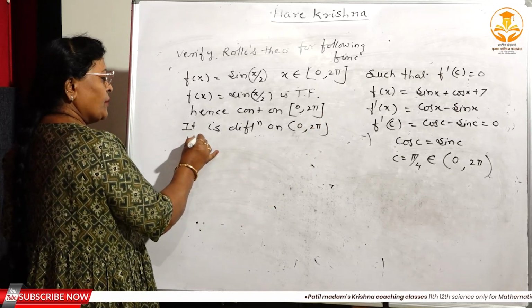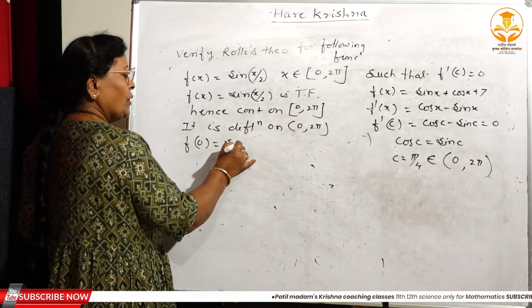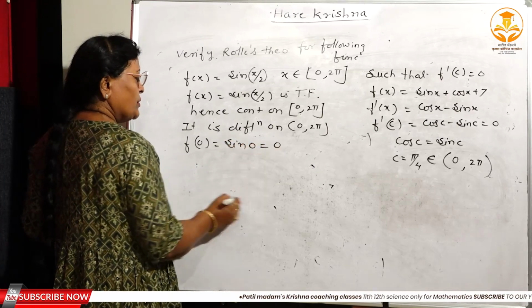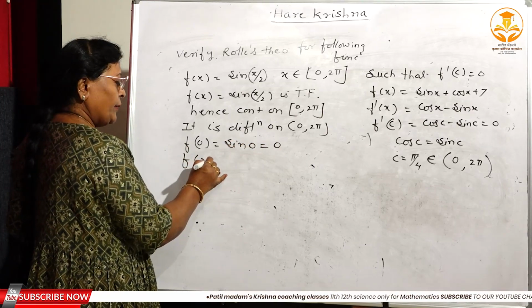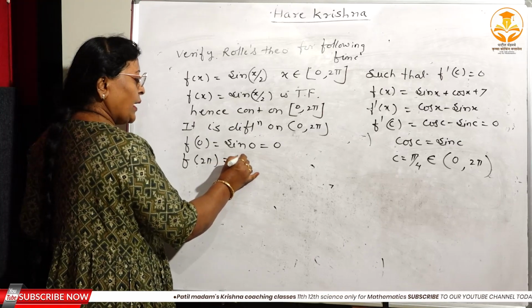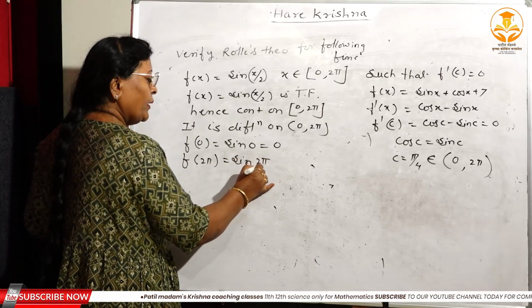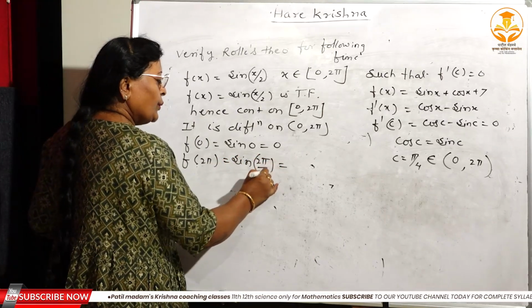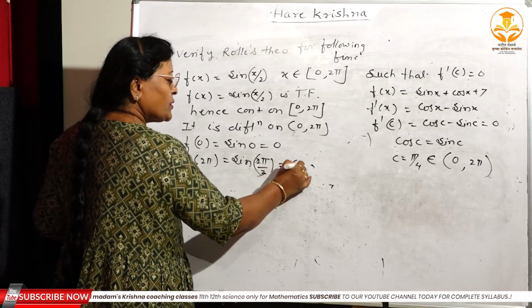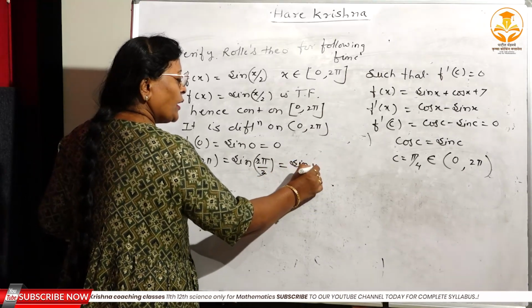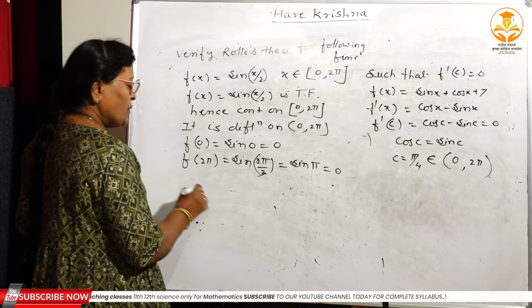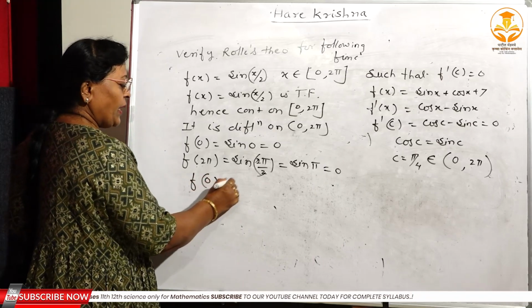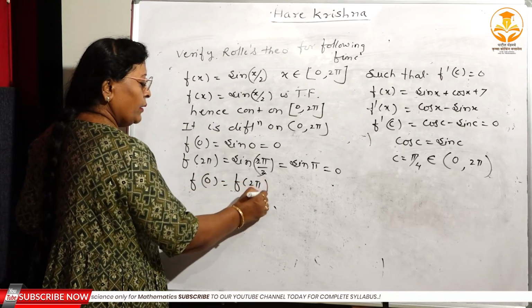Now f of 0 is sin 0, which is 0. f of 2 pi is sin 2 pi divided by 2, the 2s get cancelled, and you have got sin pi, and the value of sin pi is always equal to 0. Therefore f of 0 is equal to f of 2 pi.